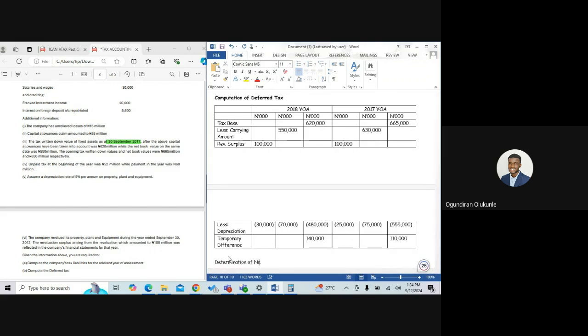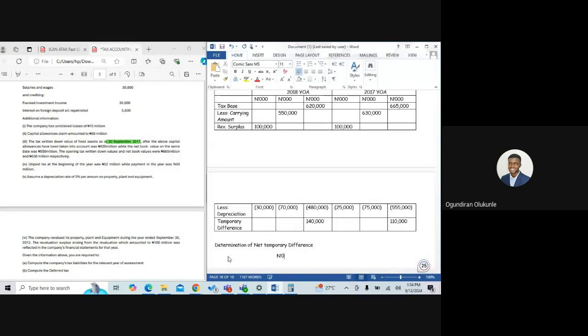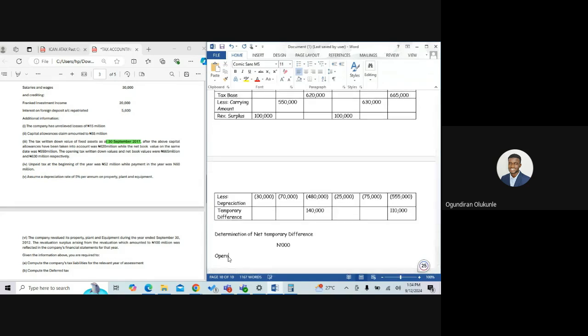Determination of net temporary difference. So you have the opening temporary difference, how much? Let me do the closing first. The closing temporary difference is how much? 140, right?